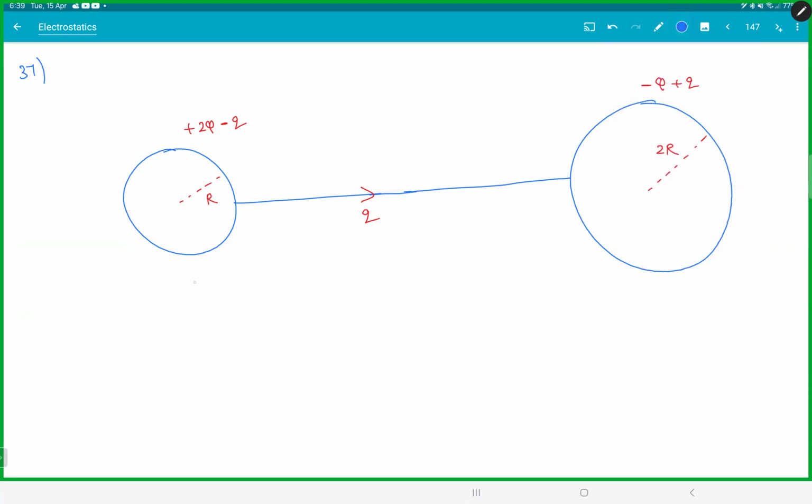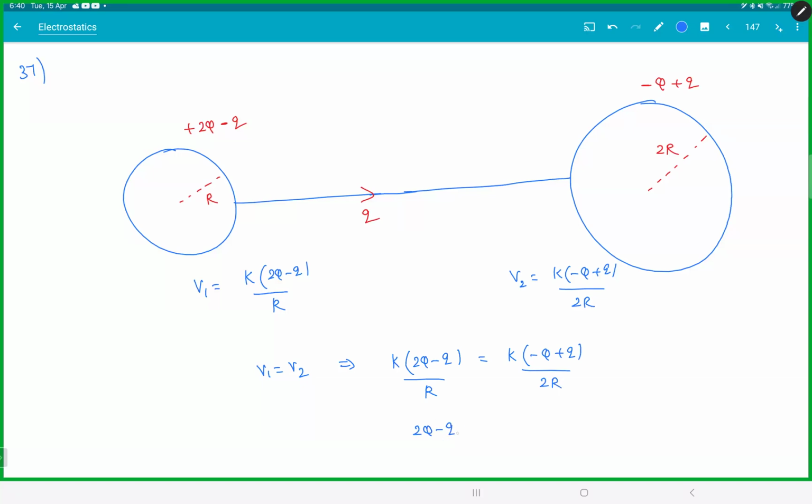Then the potential of this shell V1 will be k into charge 2q minus q by radius r. This potential V2 will be k into minus q plus q by 2r. Since both are connected by a wire, potential has to be same, conducting. V1 is equal to V2. This will become k into 2q minus small q by r is equal to k into minus q plus small q by 2r. k and r will cancel.